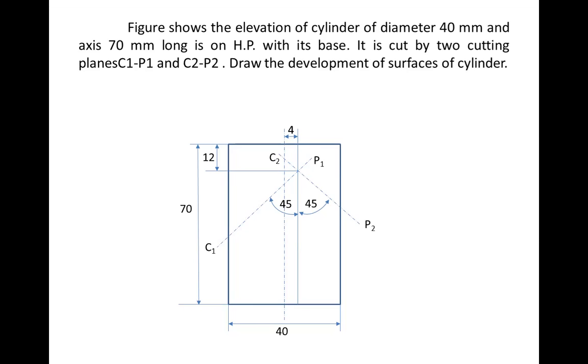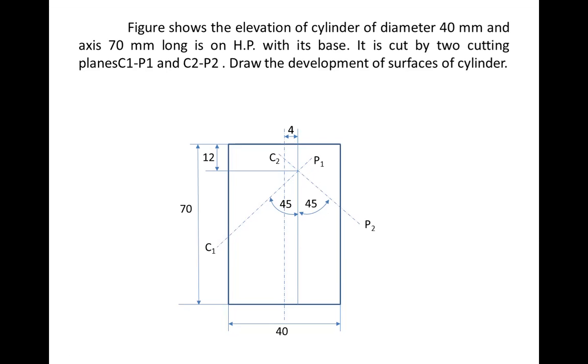Whatever the length of the sheet, from that we can calculate the diameter of that cylinder, because the length of the sheet is nothing but pi into diameter. So now we are interested in drawing the development of this cylinder, for which the upper part is removed. This is cutting and this is C2P2. This is also cutting. So the upper part is removed and only the lower part of the cylinder is to be manufactured. Then what will be the development of that cylinder?